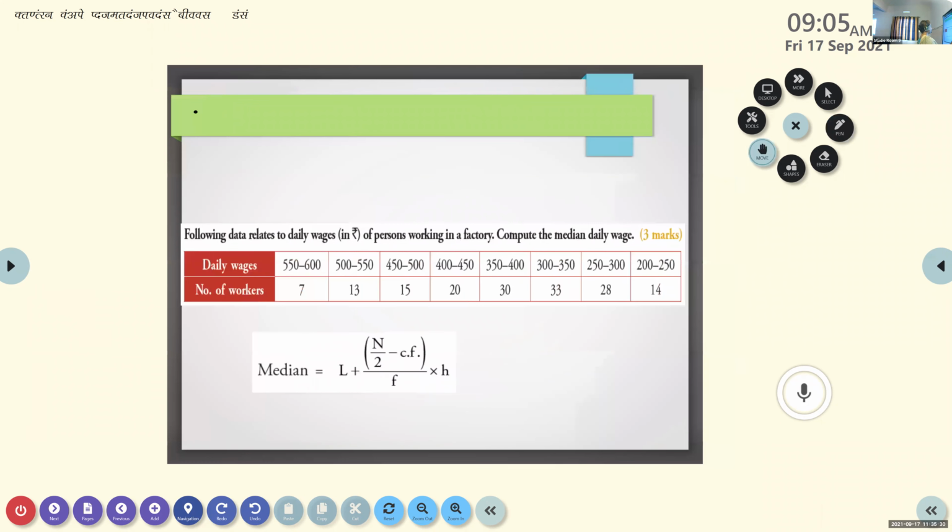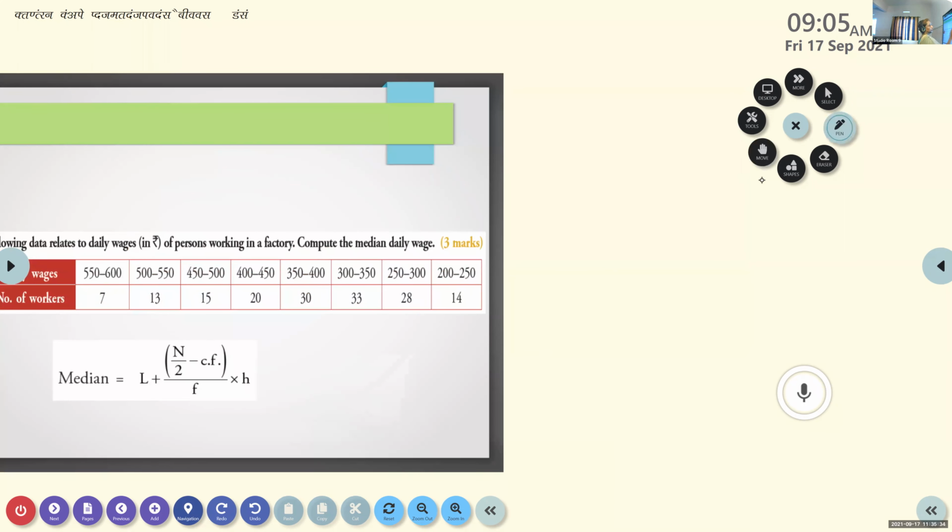Write down the question. Arrange it in a proper manner.